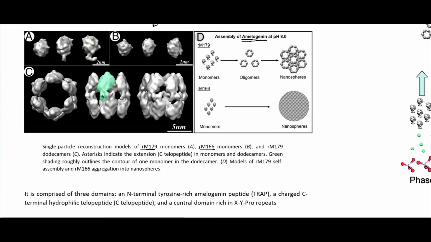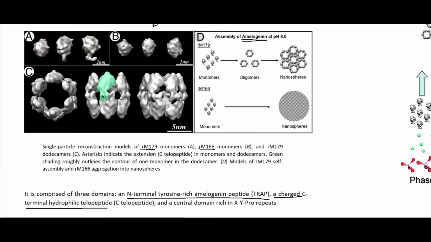So these amelogenin proteins are comprised of three domains: an N-terminal tyrosine-rich amelogenin peptide, or TRAP, a charged C-terminal hydrophilic telopeptide, and those two things are needed for forming these larger complexes.